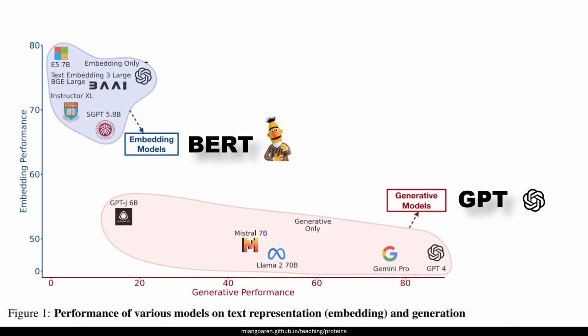What we observe here is that these types of models really do specialize in their specific task. The BERT-type models, as you can see on the y-axis, are measured by their performance in representing the embedding, and on the x-axis is their ability to be a generative model. We have different types, such as BERT-type models, and autoregressive models such as Mistral, GPT-4, or GPT-J.